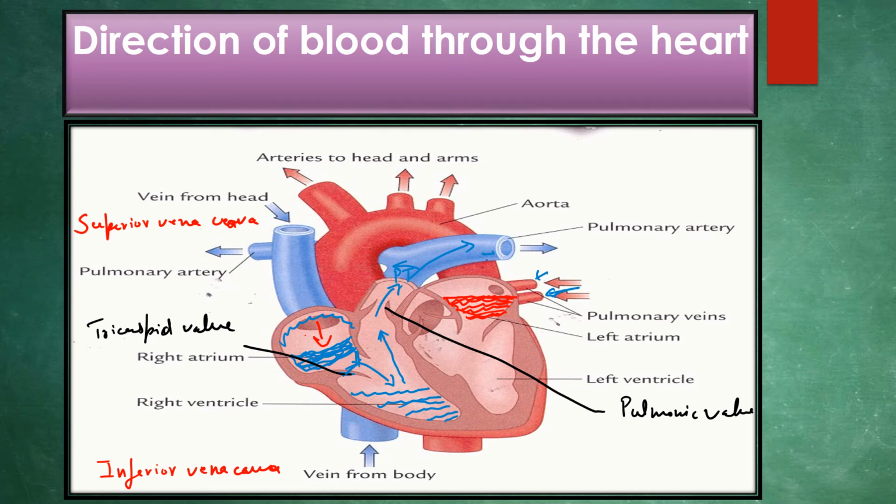When the left atrium is filled with oxygenated blood, it contracts, and when it contracts, intra-atrial pressure rises. Due to this pressure rise, it leads to the opening of the valve situated between the left atrium and left ventricle, and this valve is known as the bicuspid valve.